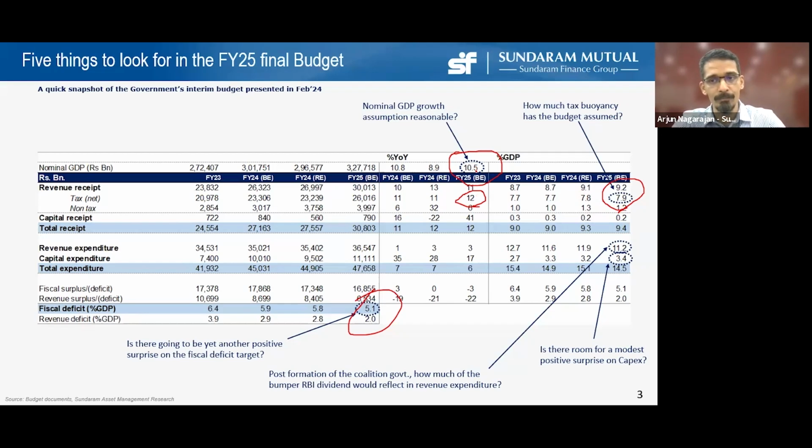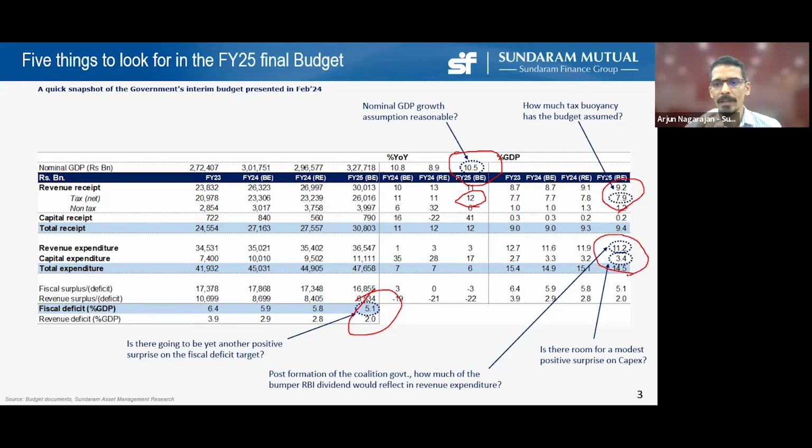Anything above 10.5% will mean that as a percentage of GDP, your tax revenue collections, your tax buoyancy is seeing an uptick. So that is the most important. So in FY25, the budget had sort of priced in a marginal pickup in tax buoyancy. Is that happening? Is another number that you have to look out for. This is the third. Now, the fourth and the fifth are focused on the expenditure side.